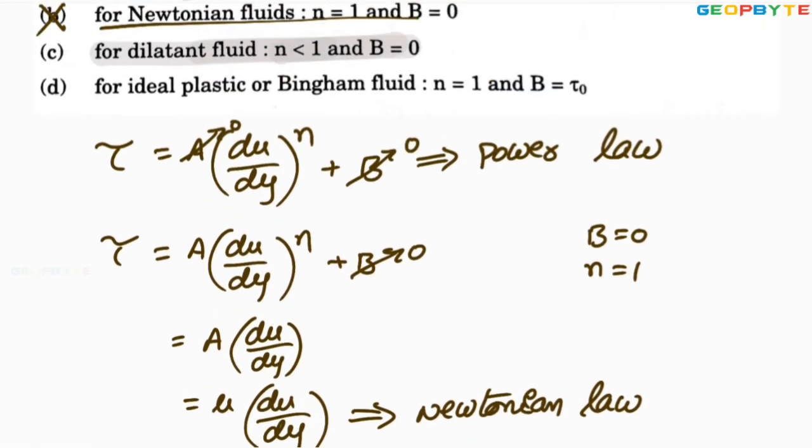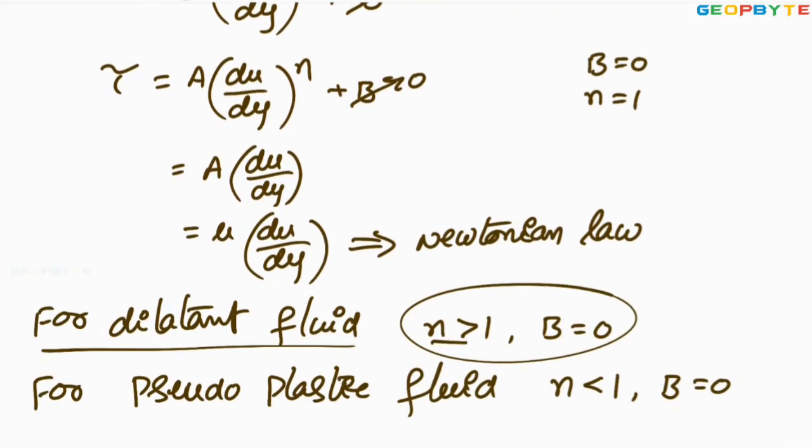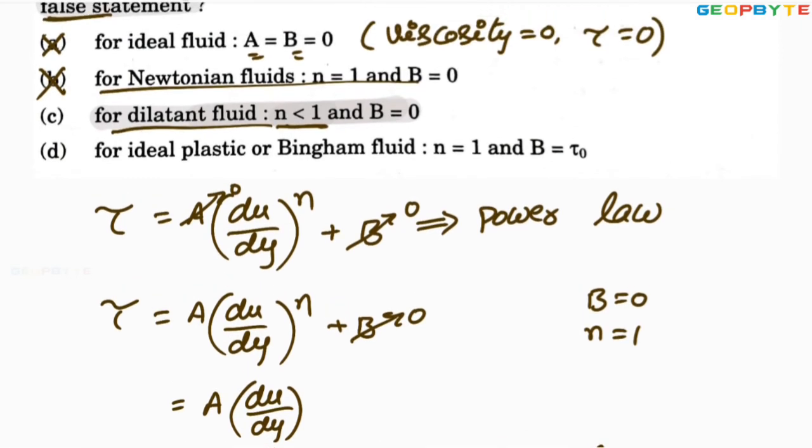Now look at the third statement. For dilatant fluid, n is less than 1? No, for a dilatant fluid, n should be greater than 1. So the third statement is not correct. Since he is asking for the incorrect statement, option C is absolutely correct. I hope you got my point.